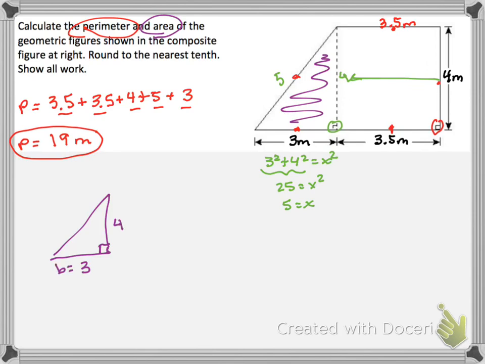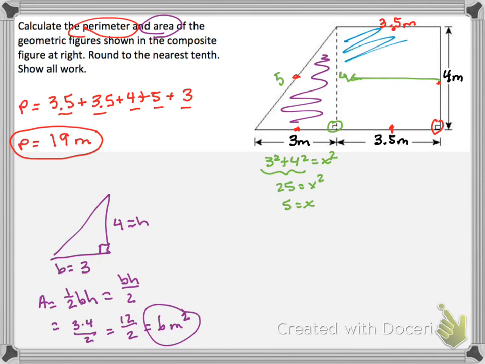So my base is 3, my height is 4, and area is 1/2 base times height, or just base times height divided by 2. So I'm going to have 3 times 4 divided by 2, 12 divided by 2, which is 6 meters squared. So that's going to be that piece.